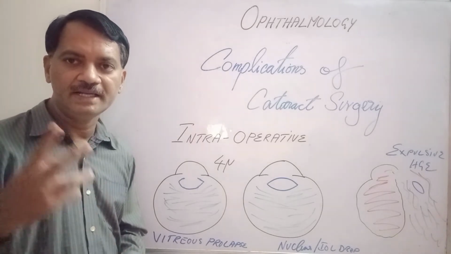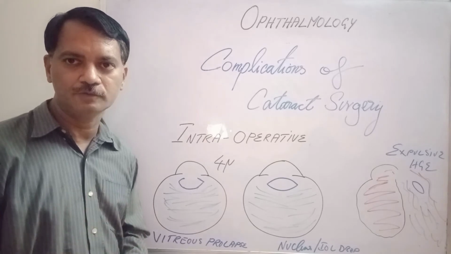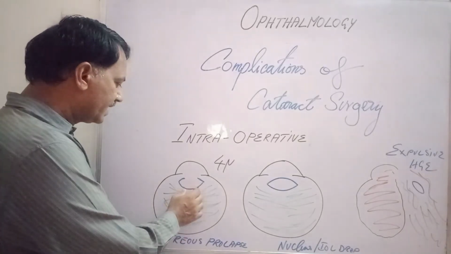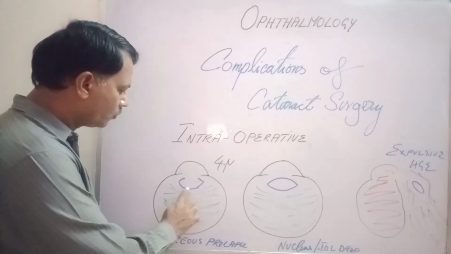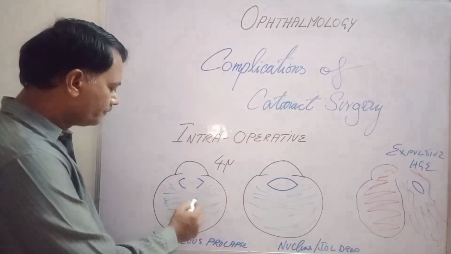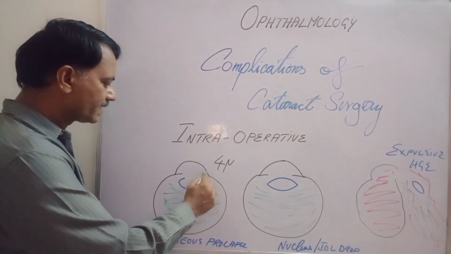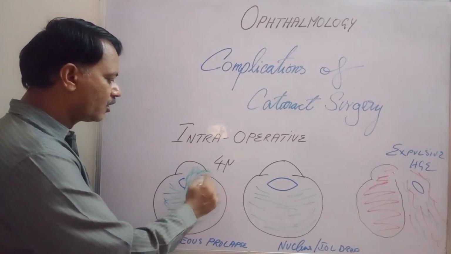Sometimes, because of the degenerative process that has already happened in the posterior capsule, the posterior capsule may give way. It may open, leading to the vitreous getting prolapsed, coming into the anterior chamber, or coming out through the wound.